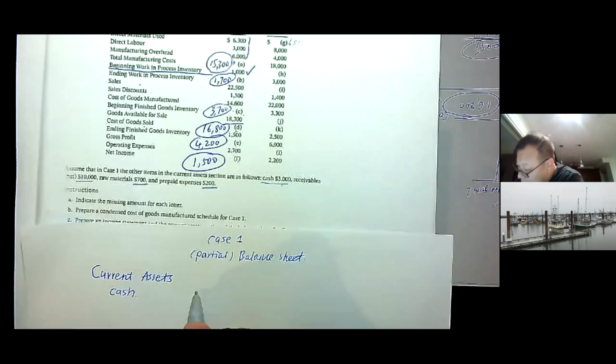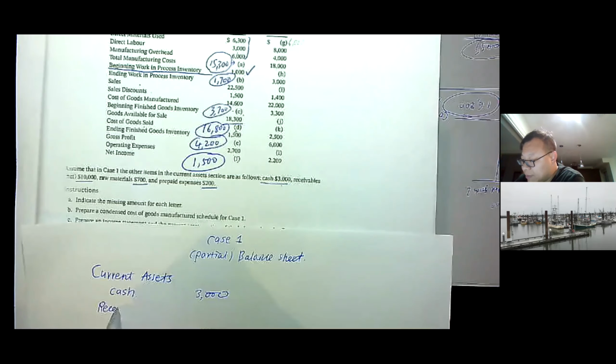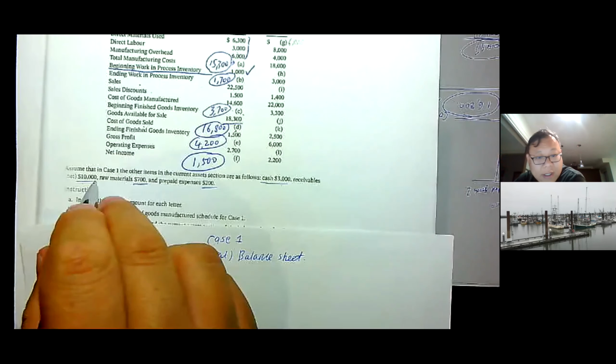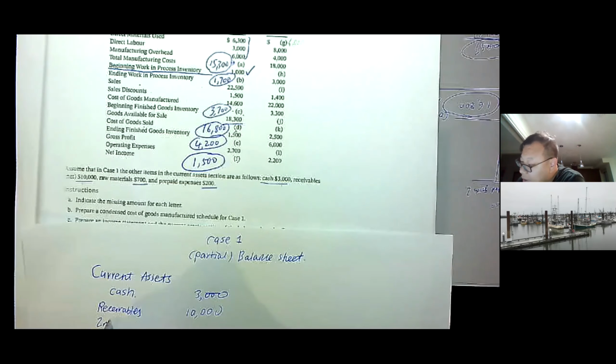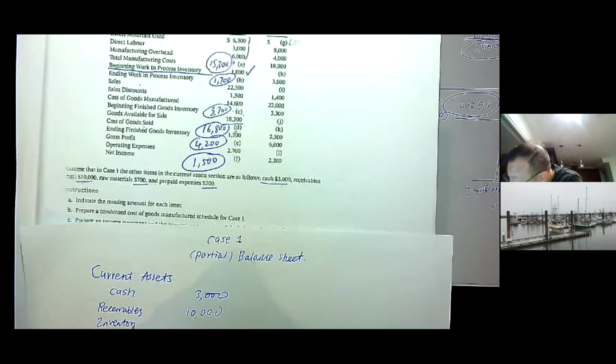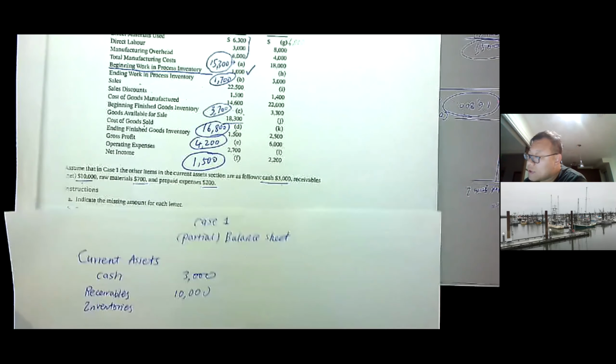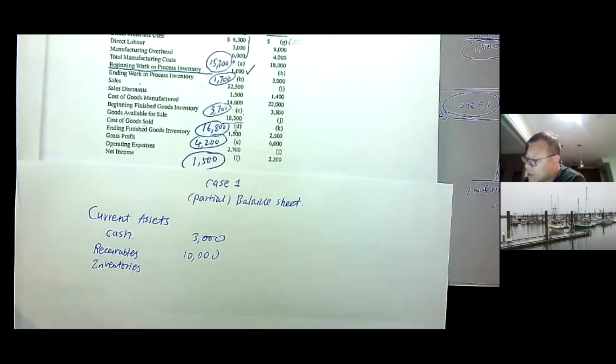That was given, 3,000. And then the next one is the accounts receivable, 10,000 right here. And then the next one will be the inventories. It's important you know that we have 3 inventories, right?